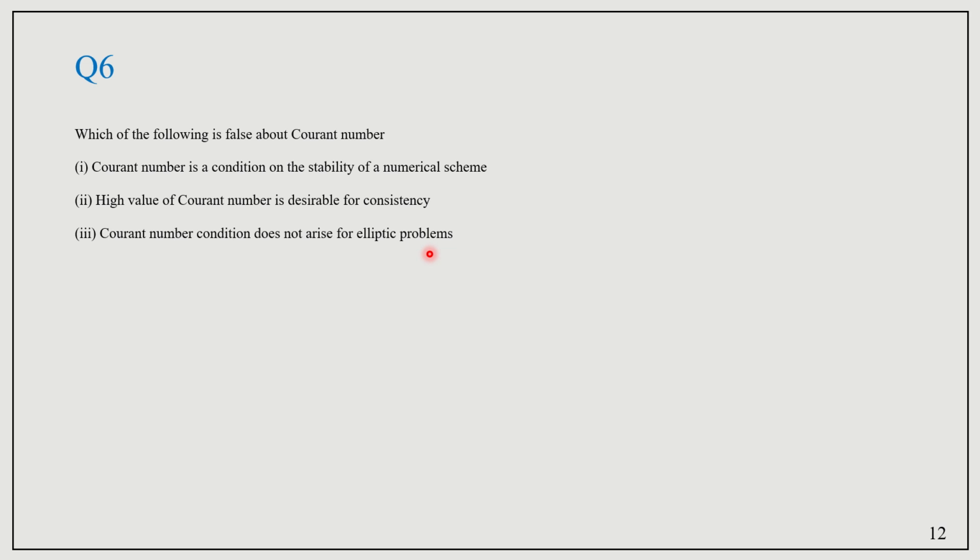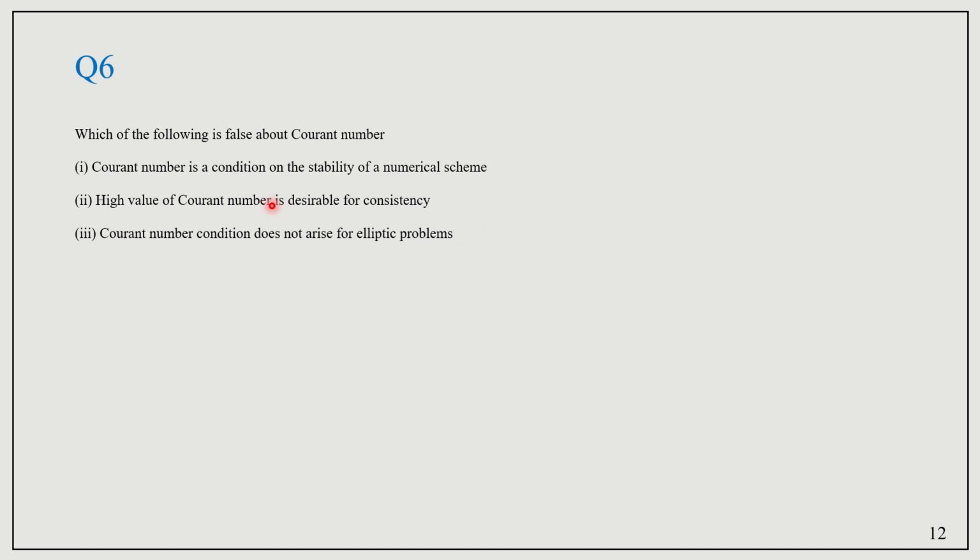Now, coming back to the question, we are asked to identify which of the statements are false. The first statement is true: Courant number is a condition on the stability of a numerical scheme. Second statement, high value of Courant number is desirable for consistency. It is false. High value of Courant number is not desirable.